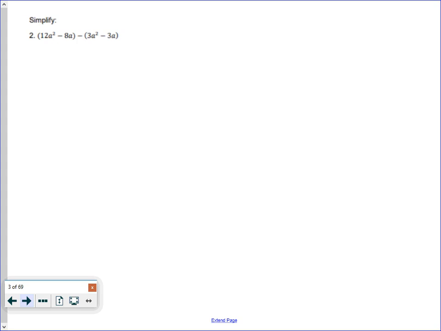All right, number 2, we need to simplify. So we have 2 polynomials, or really 2 binomials that we need to combine. So what I'm going to do is distribute out that negative, so I can just add like terms. So I have 12a squared minus 8a minus 3a squared plus 3a.